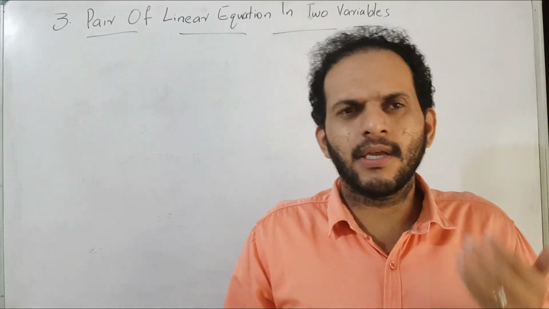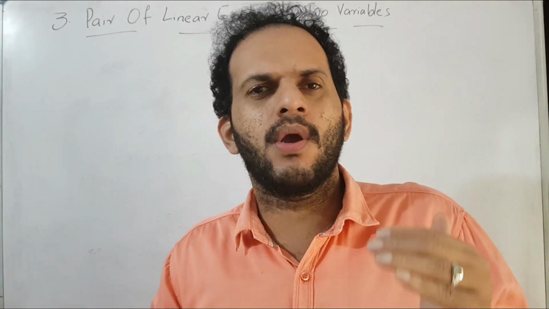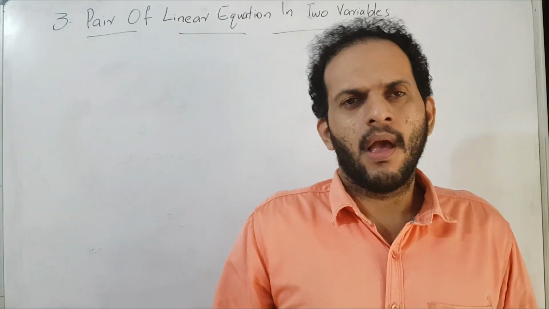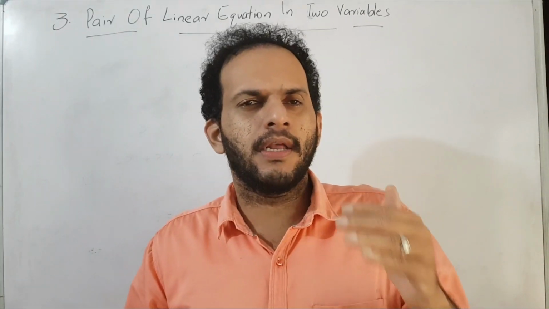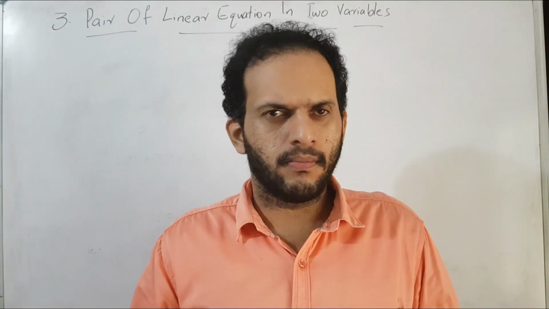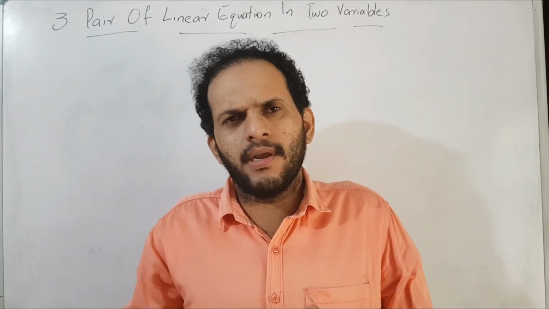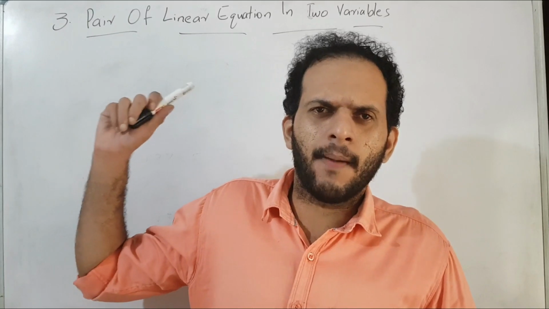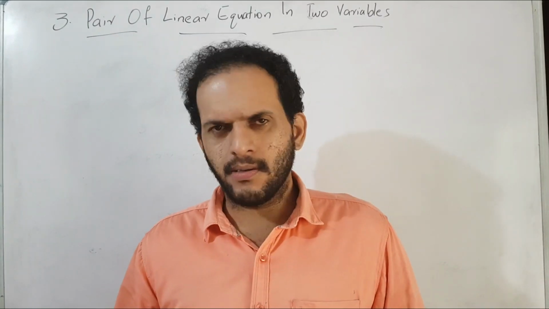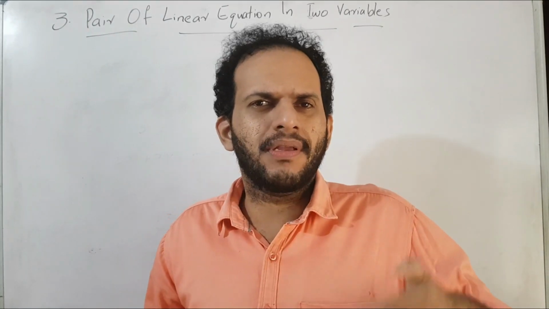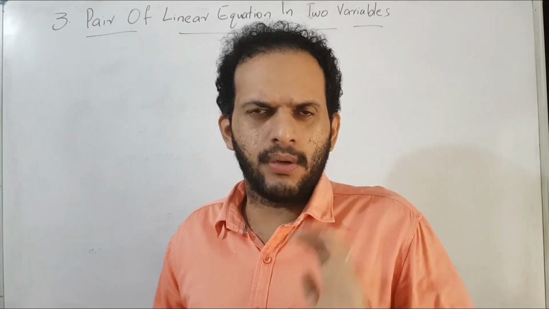and we find the solution of the linear equation in two variables, and we represent the linear equation in geometrical form. The same idea we need in this chapter, only the difference is that there we discussed a single linear equation.